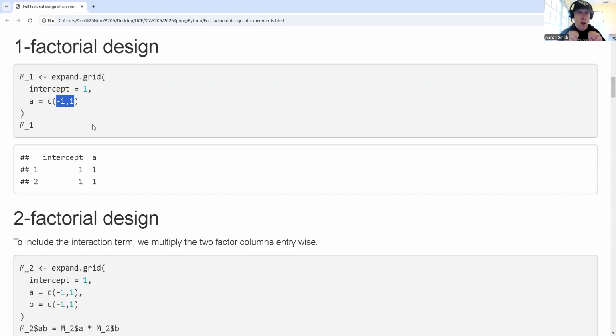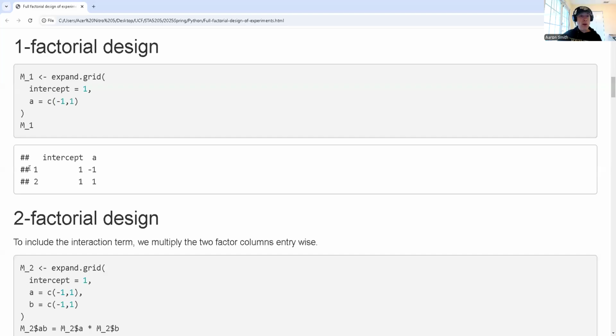If my independent variable is numeric in my actual real-life experiment, I'm going to have a high and a low level. I'm setting this up so that -1 corresponds to the lower value, low but realistic, and 1 is high but still realistic, not something extreme, something that I could actually observe in a real situation, but on the high end of it.